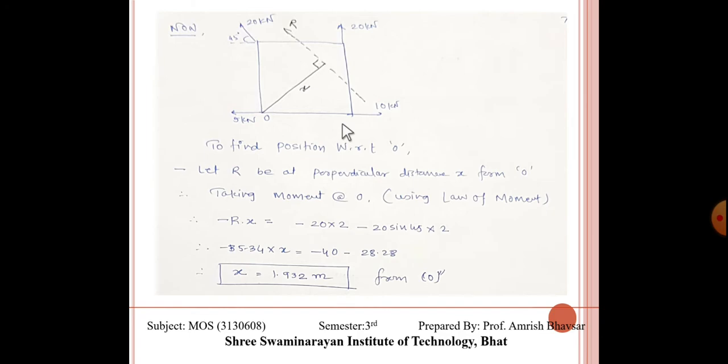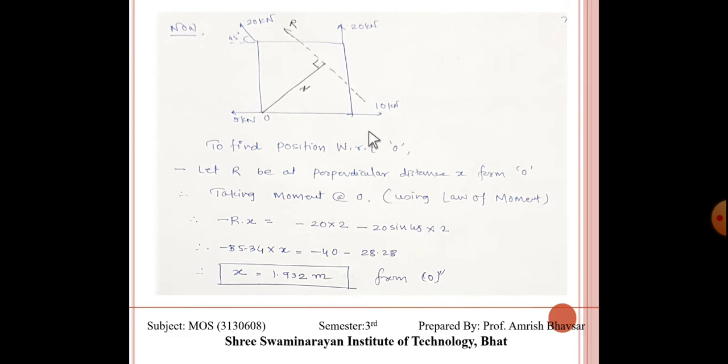Whenever a resultant force is acting, the moment of the resultant about point O is the same as the moment of all the other forces about point O. So here the moment at O due to R is anticlockwise, R into x, equal to the moment of all other forces.